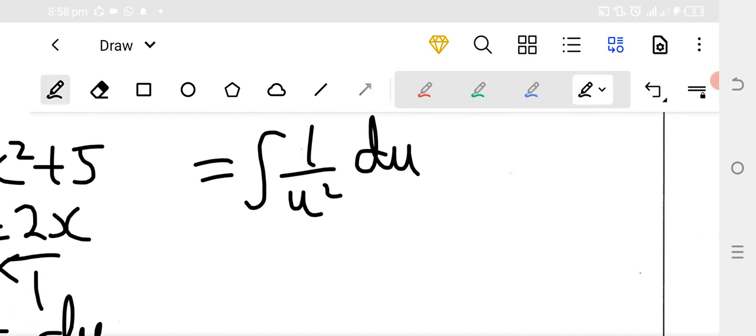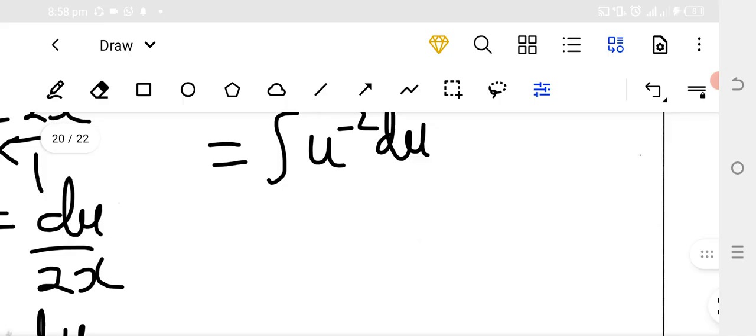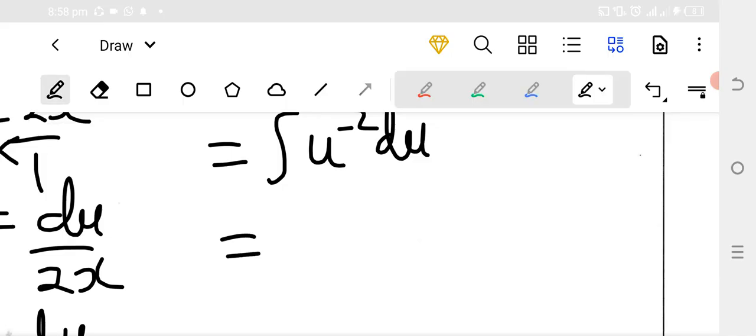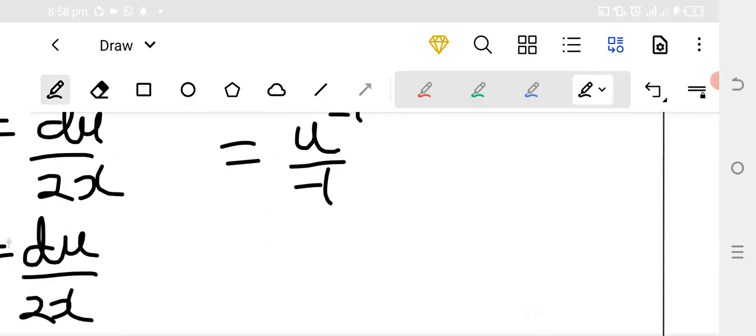Then it would have become the integral of u to the power negative 2 du. Then if you simplify, it would have been u to the power negative 1 over the new power, like that. It would have become negative 1 over u.